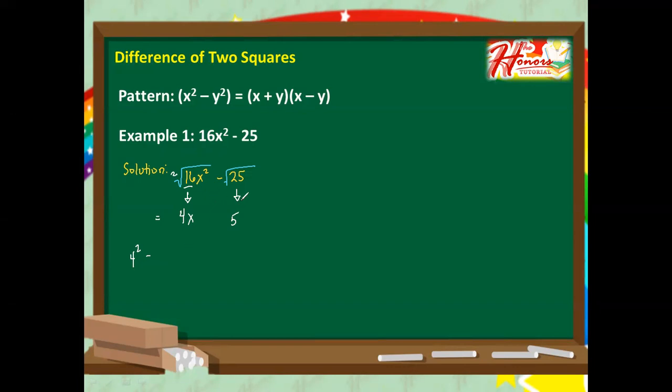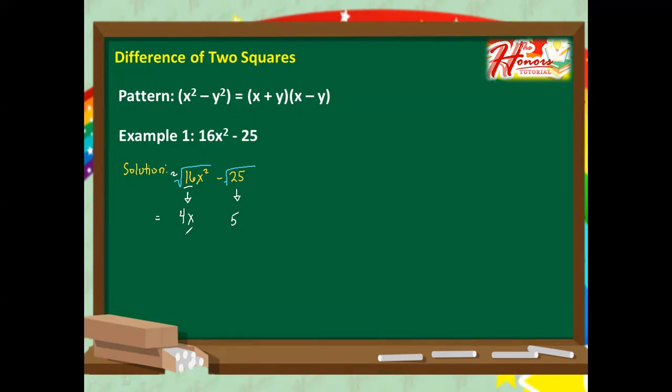And like for number 5, 5 is the square root of 25 because 5 raised to 2 or 5 times 5 is equal to 25. So without calculator, you may use this method to find the square root.